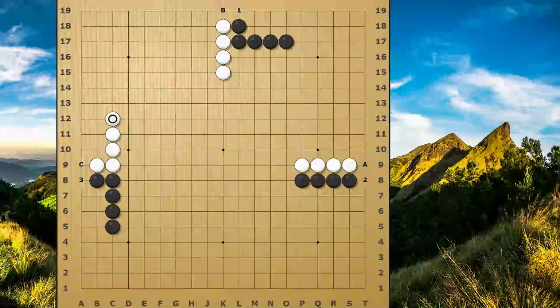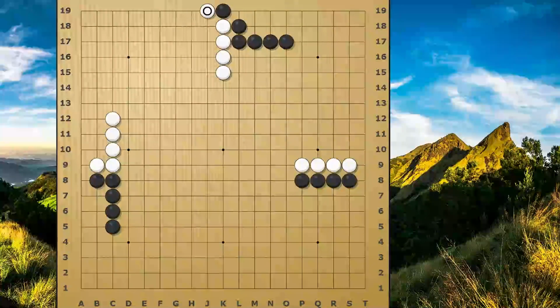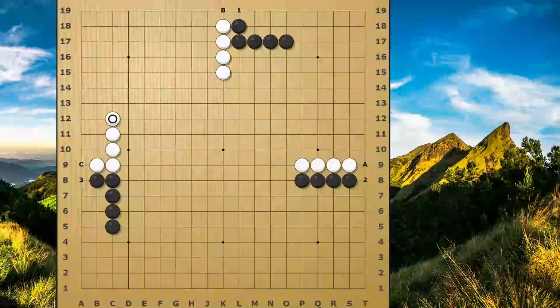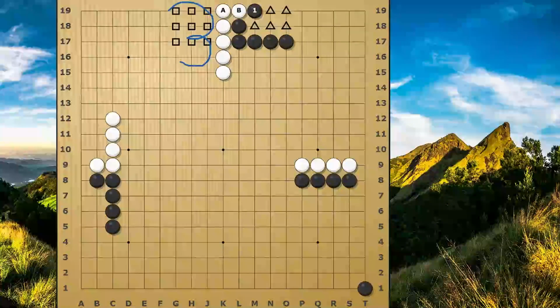Okay, so what are these situations? The top is called sente for black, and it's reverse sente for white. What does reverse sente mean? Reverse sente means you're removing a sente move from your opponent.